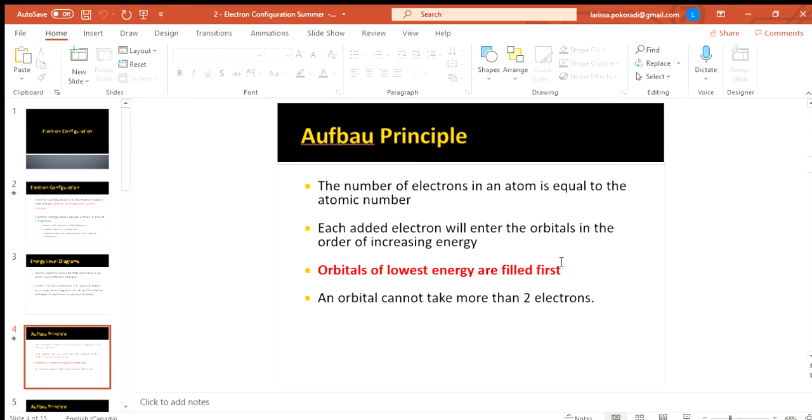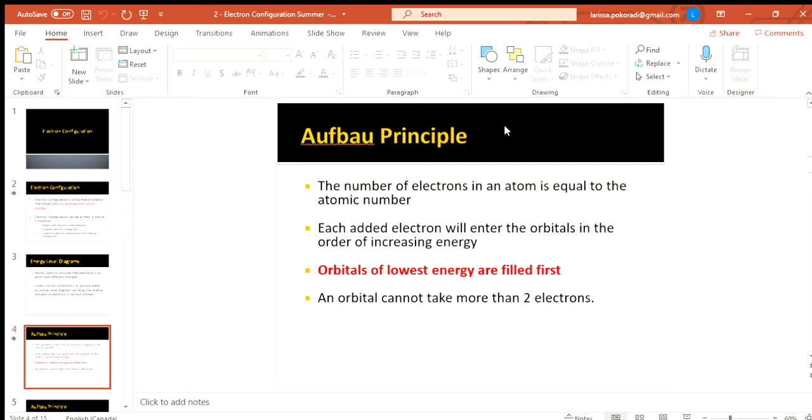We've got a few different rules coming at us. We already saw the Pauli exclusion principle in the last PowerPoint, and we're going to build a few more rules in this one. This is pronounced Aufbau principle, and what it's telling us is we're always going to fill orbitals from the lowest energy to increasing energies.